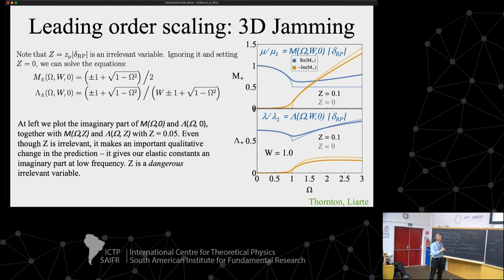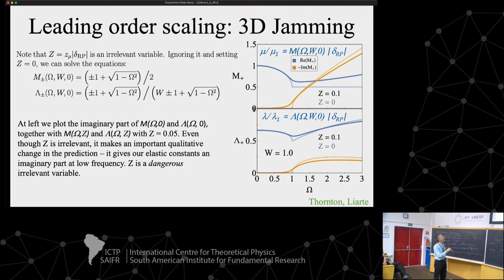If you're on the negative side, the shear modulus, these two guys cancel, and as omega goes to 0, you get no imaginary part. It goes to 0, which is good because it's floppy. But even then, if omega is not 0, you get the right frequency dependence.